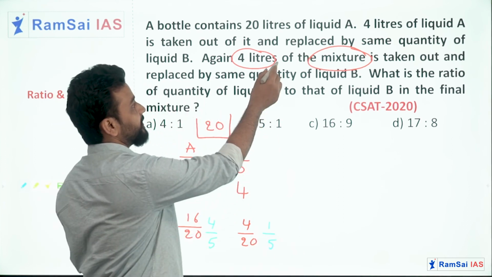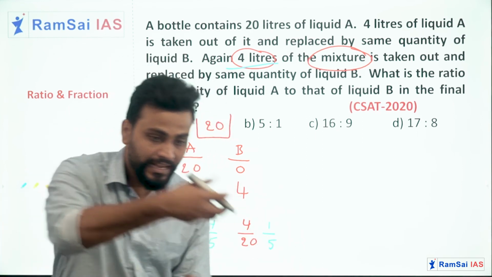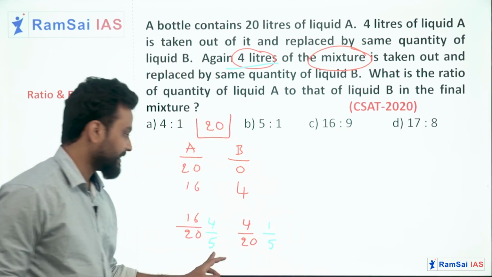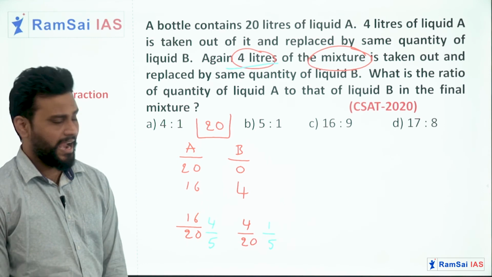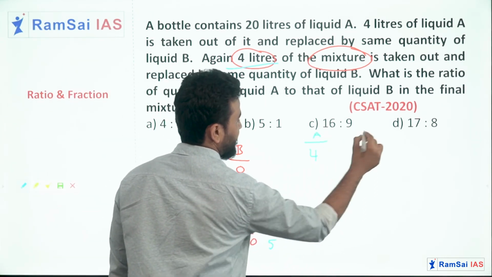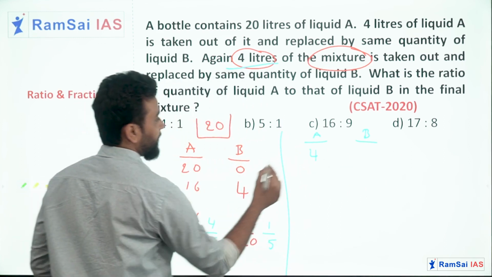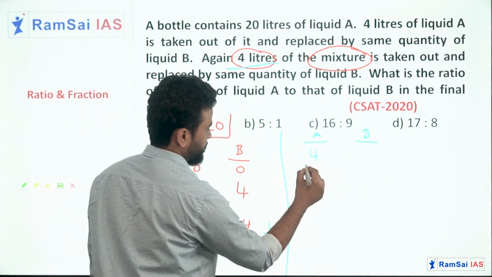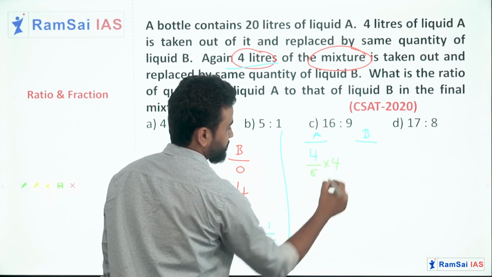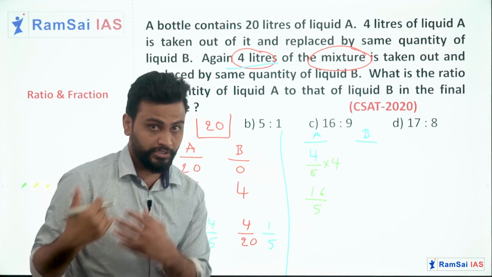Now, here what am I doing? I am taking 4 liters out. If I take 4 liters out, they will come out in the same ratio, right? I am writing A here, B here. This is the continuation. If I take 4 liters out, of 4 by 5, 16 by 5 liters will be out.